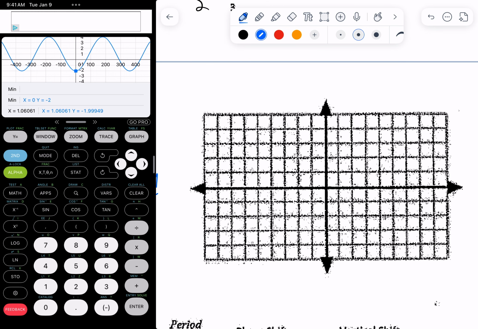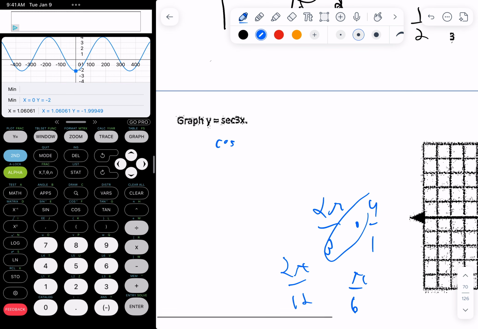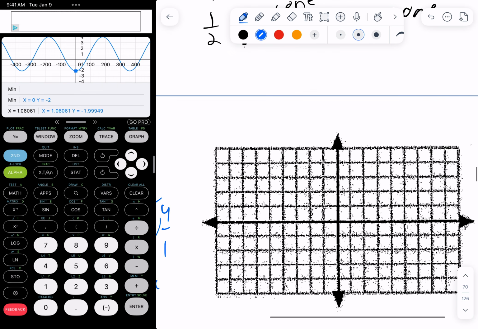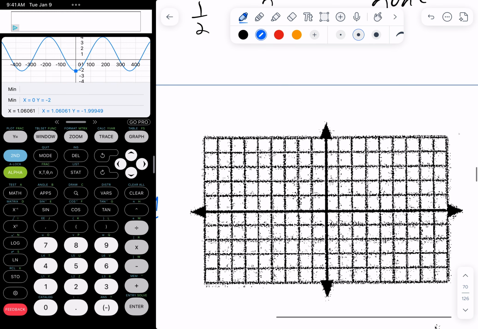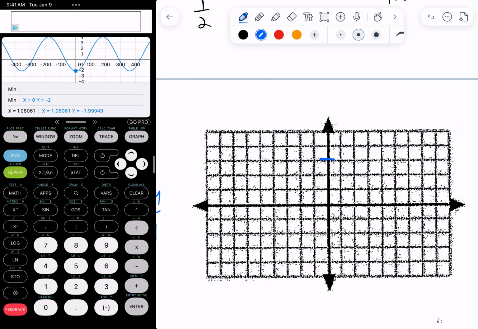Now let's zoom into the graph, because I realize it's a little hard to see without that. So now secant is like cosine. It's the opposite of cosine, 3x. Because we have our amplitude at 1, we'll put it up here, 1, and down here, negative 1.